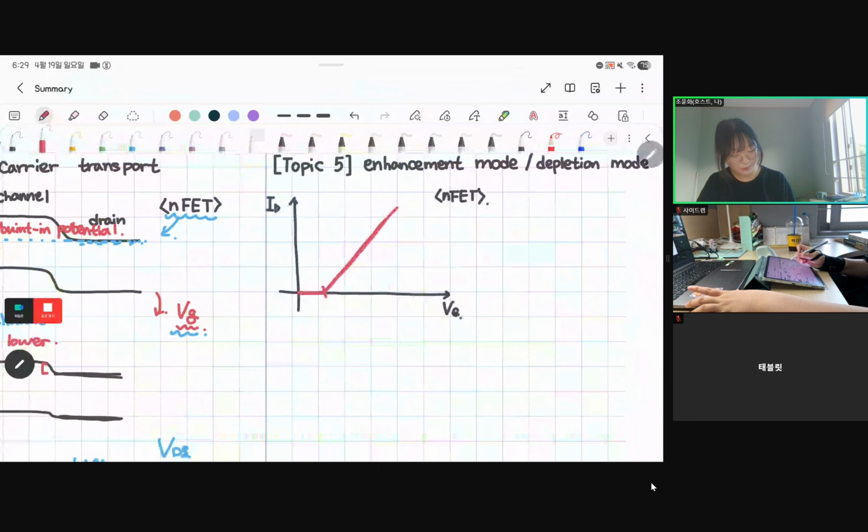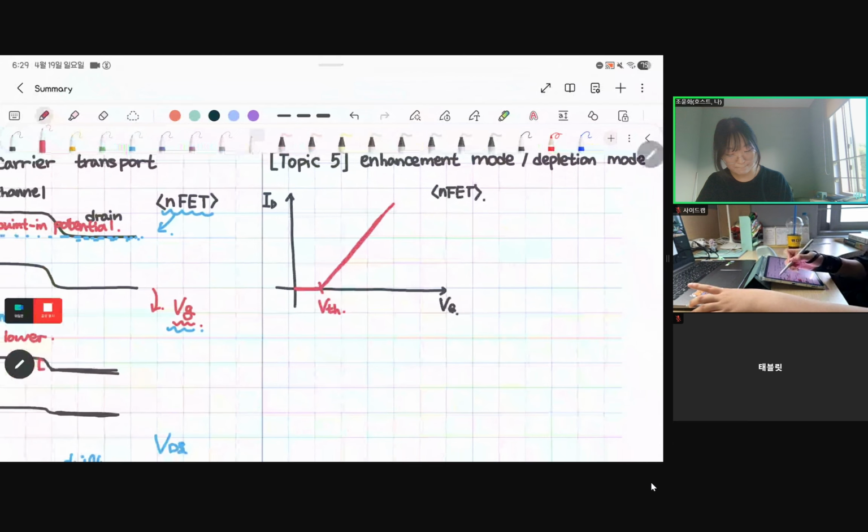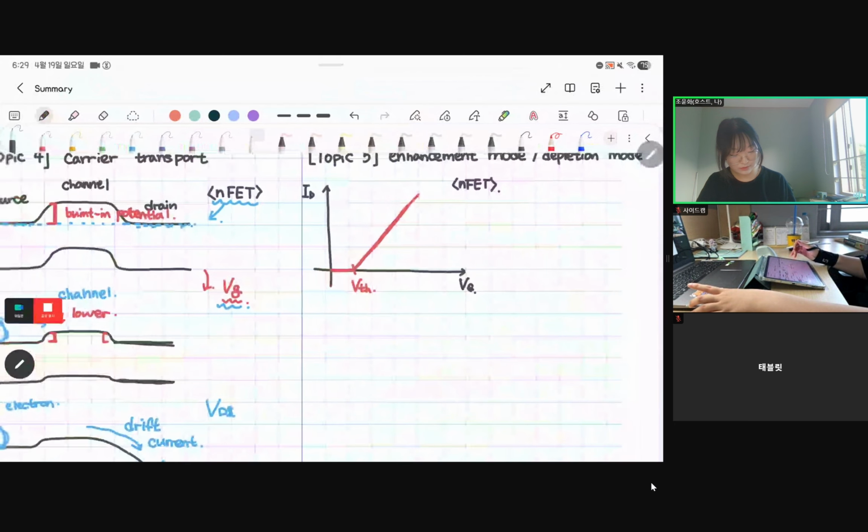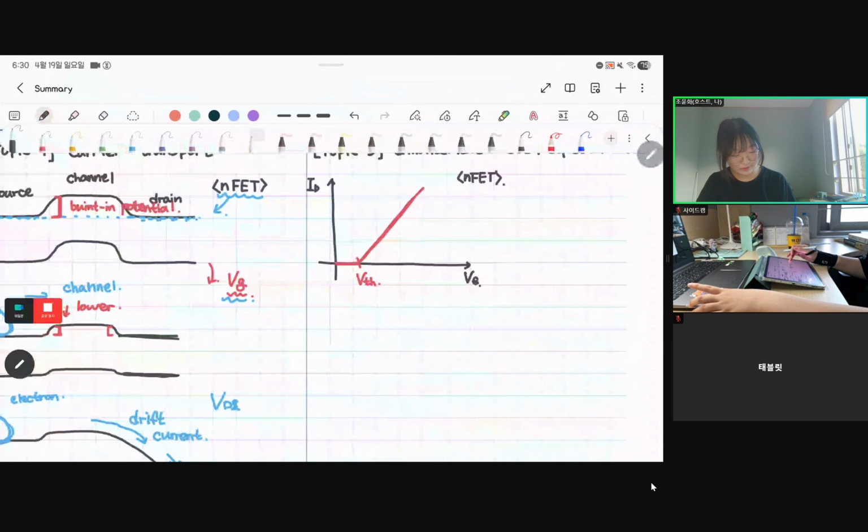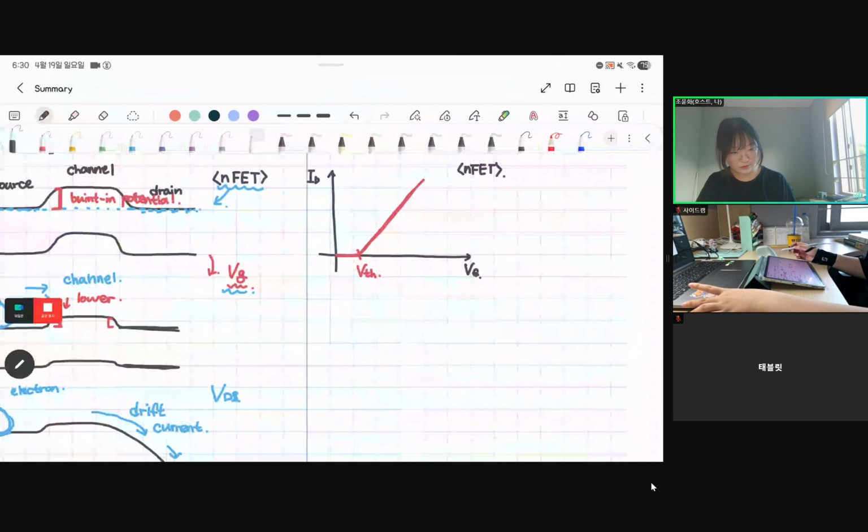And this point is the threshold voltage. But when we don't give a gate bias, it means the gate bias is 0 volts.